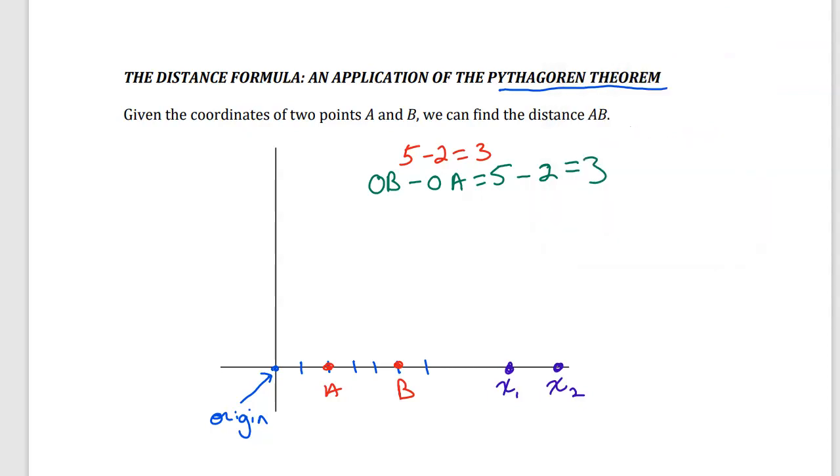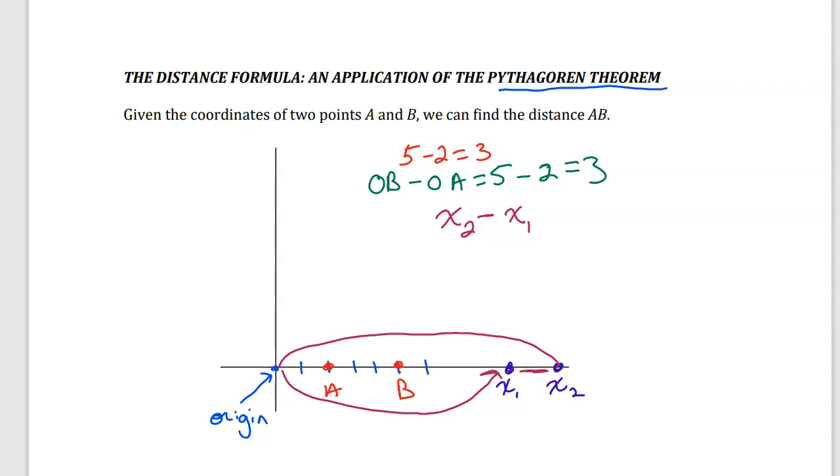So I know that the distance here is basically the distance from the origin to x2. The distance here is the origin to x1, and I can subtract those. And I get this distance.